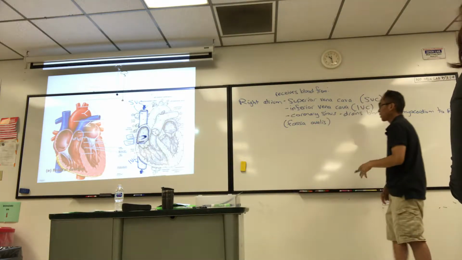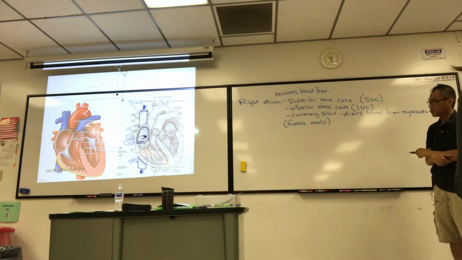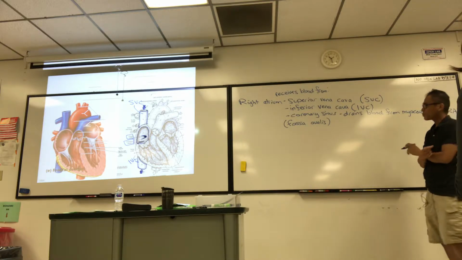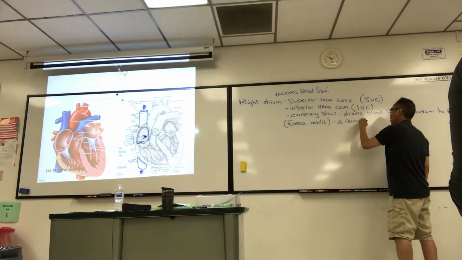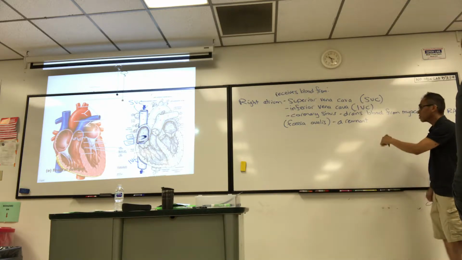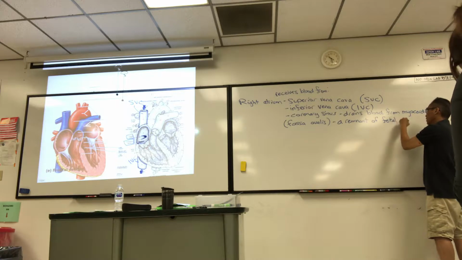So I'll kind of put it in parentheses. It's not draining blood to the right atrium, but it's present in the right atrium. And it's a depression. It's a remnant of fetal circulation, which I'll teach later. I'm not using it anymore, but you can still see that it was there. A remnant of fetal circulation.